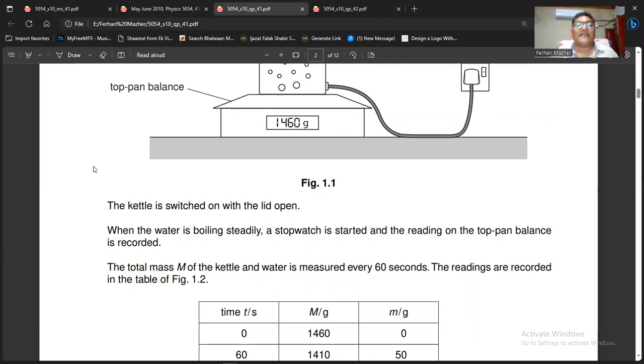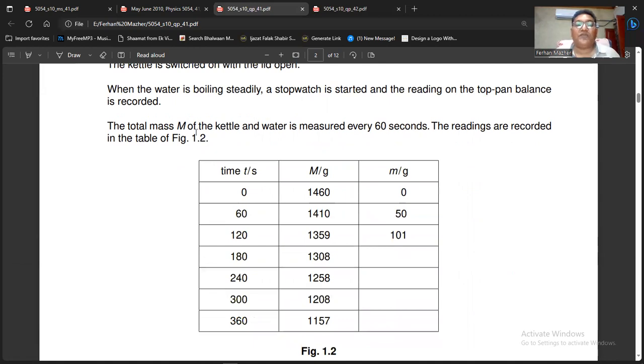The total mass M, the capital M represents the total mass of the kettle and the water, is measured every 60 seconds. The readings are recorded in the table figure 1.2. The mass at the start is 1460 and the mass lost, the small m here represents the mass which has been lost. So at the start it is 0.